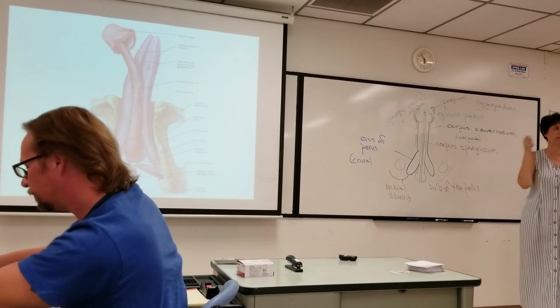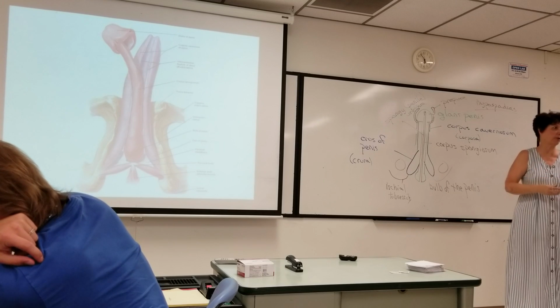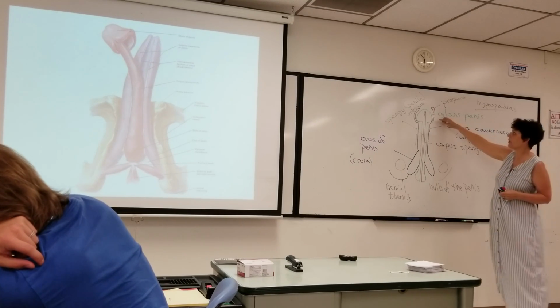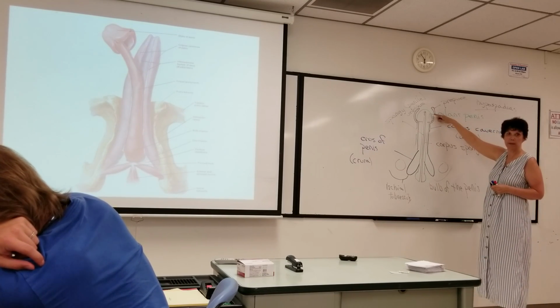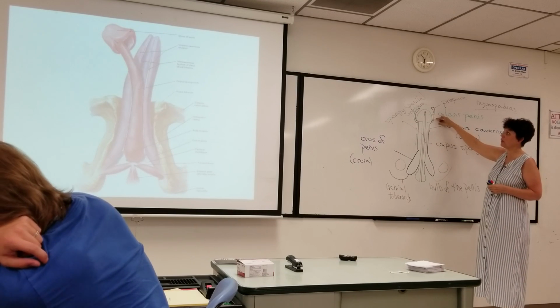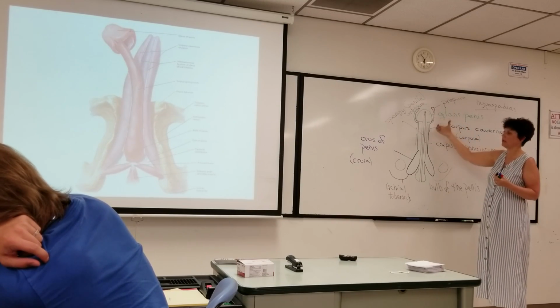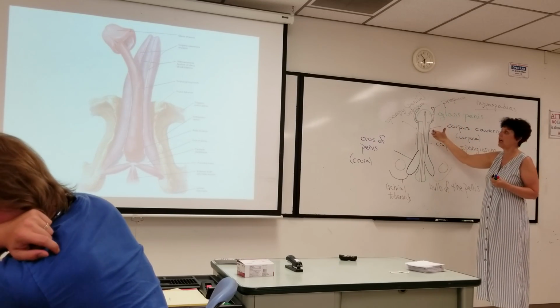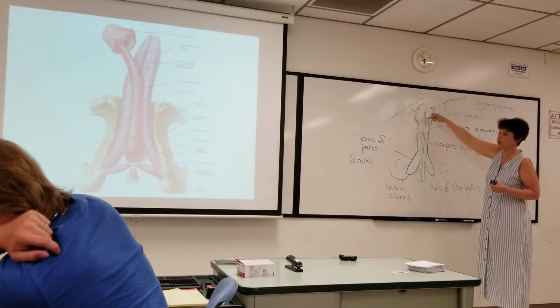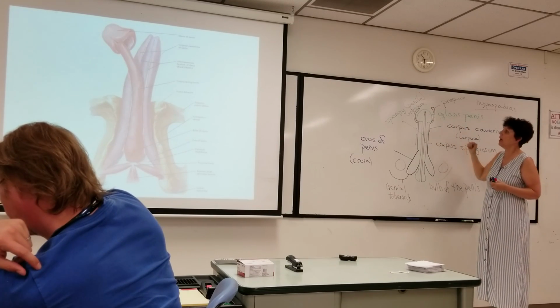So when a baby or a boy or a man is circumcised, it's that prepuce that is removed to expose the glans. If it's not removed, the child has to be taught to retract it, pull it back, and to clean around the glans, all right?